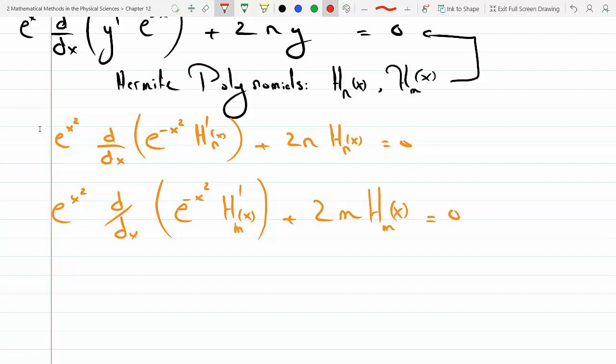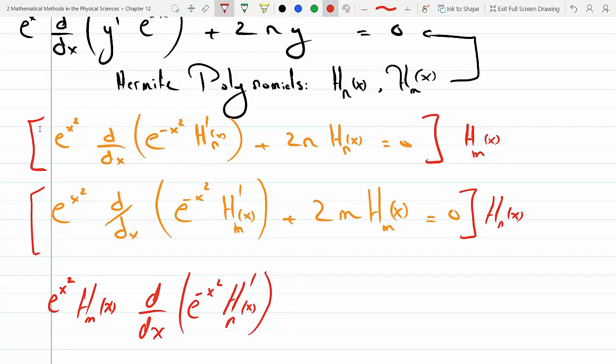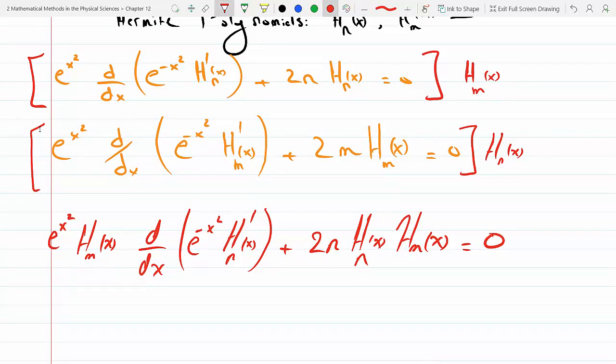So I'm going to multiply this whole equation by Hm of x, and I'm going to multiply the other one by Hn of x, and so the first equation becomes e to the x squared, and so on, times Hm. The right hand side does not change because there's 0 there.